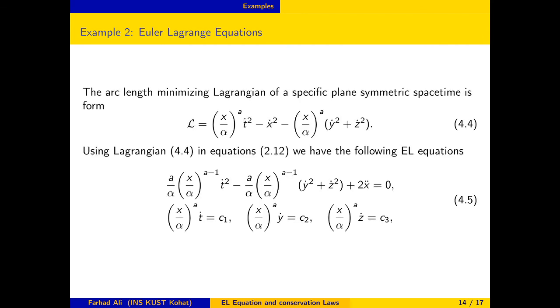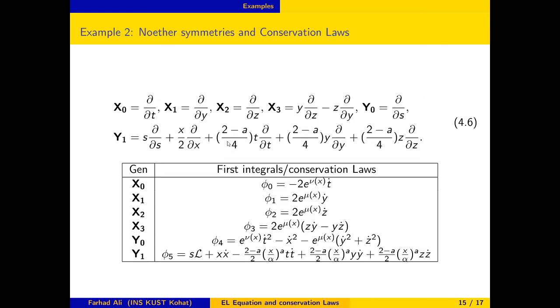These are six. I think this Lagrangian admits 8 symmetries, but only six are given. But it doesn't matter. Find the Noether charges or conservation laws corresponding to only these six Noether symmetries using expression 2.20. So your homework is to find these conservation laws using these Noether symmetries in the second example and in the first as well.